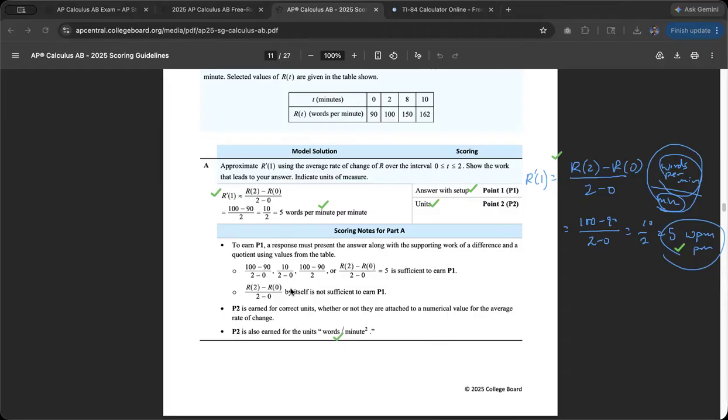Notice that if you just have the part on the right, it is not sufficient to get your point, and to earn the first point, showing that calculation is worthy. Okay, let's go back.